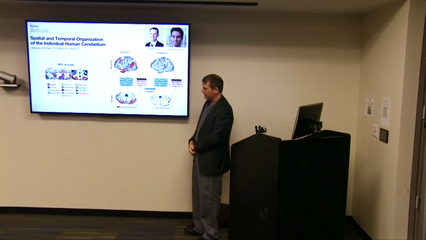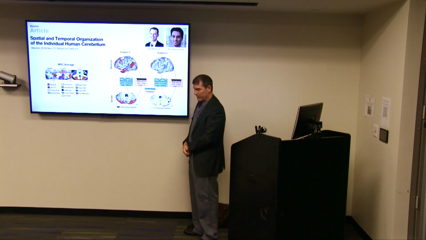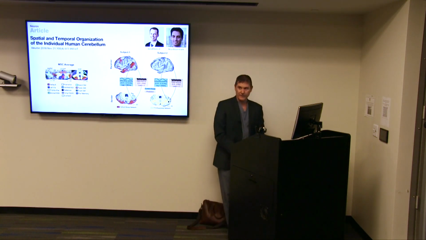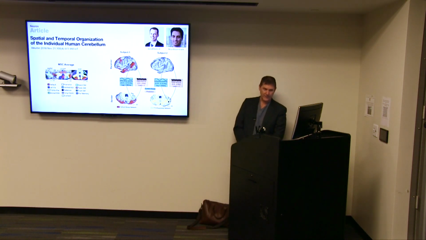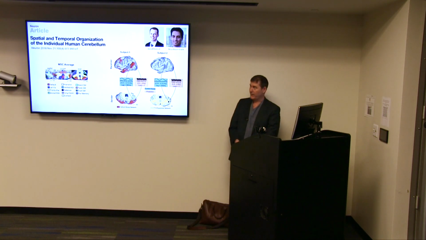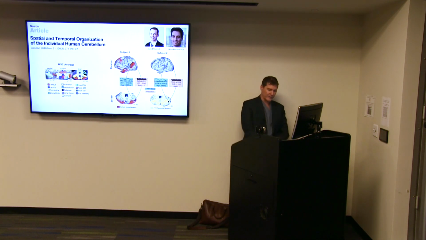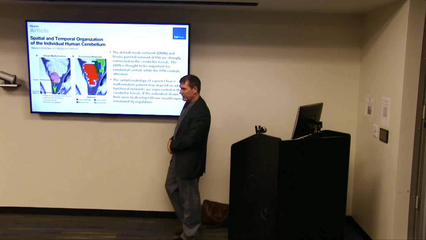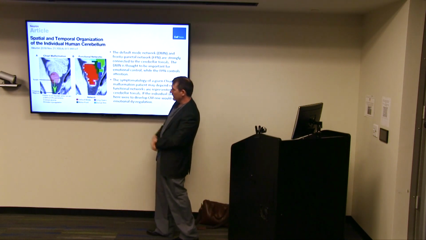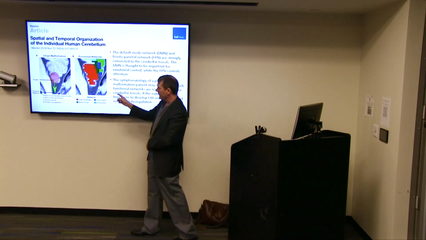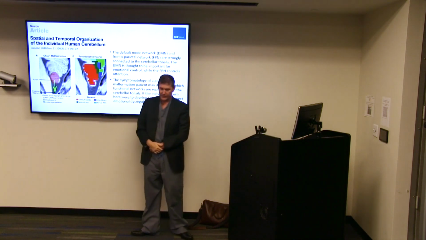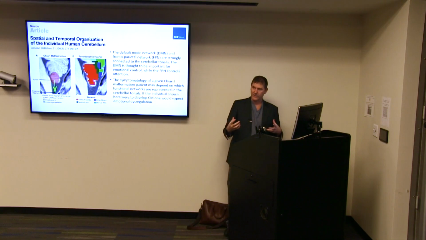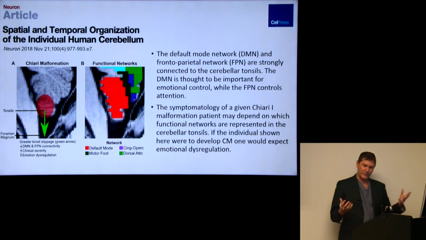We used to think that the cerebellum was almost exclusively involved in coordination and balance and these sorts of things, but using these precision cerebellar mapping technologies, we now understand that there are even some functions that map to the cerebellar tonsils. So in this particular image, you can see that the default mode network maps to the cerebellar tonsils. This is the area we generally think of as Chiari, of course.